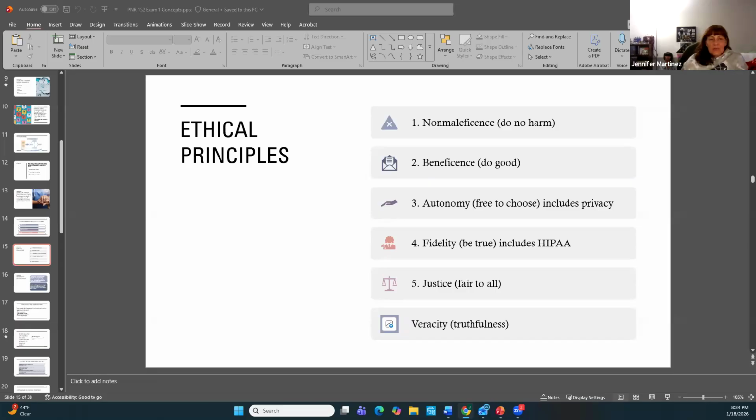They act on a personal decision and they make that decision without pressure from anyone else, right? So it's giving them all the information that they need in order to make an informed decision. It also does include your privacy. Privacy is both a legal as well as an ethical issue, right? So autonomy does include their right to privacy.